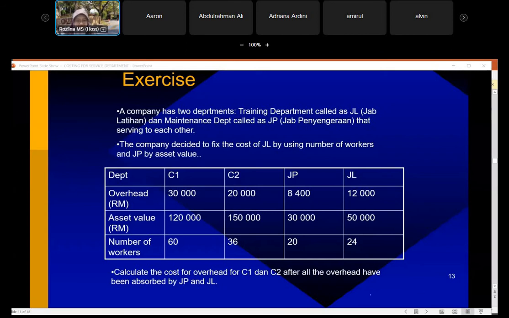Okay. So how do you want to calculate? Okay, I put the need in the WhatsApp. Tak. I put in the Jamboard.